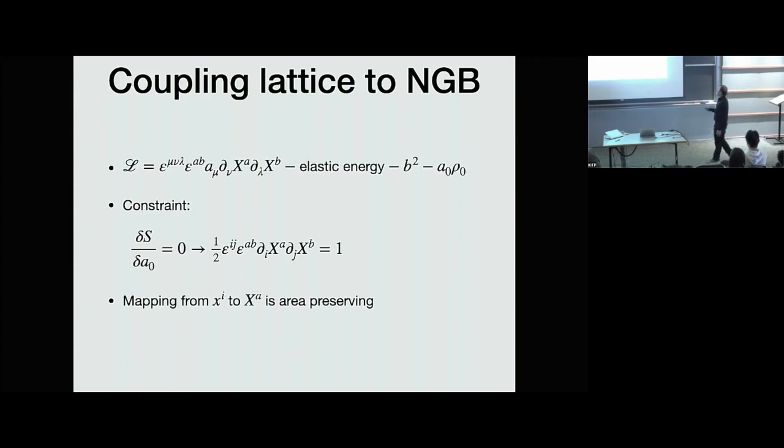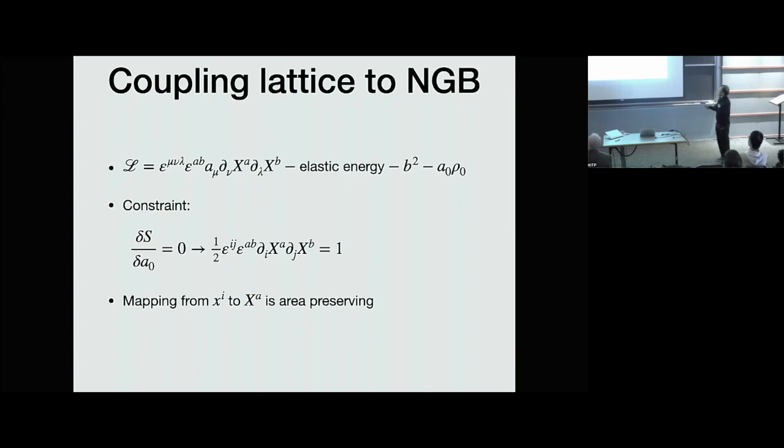So let me explain this. This is telling us that the Jacobian of the transformation from one system of coordinates, the external system of coordinates, to the frozen system, is area preserving. That basically is the nonlinear version of the statement that the Tkachenko wave is transverse.